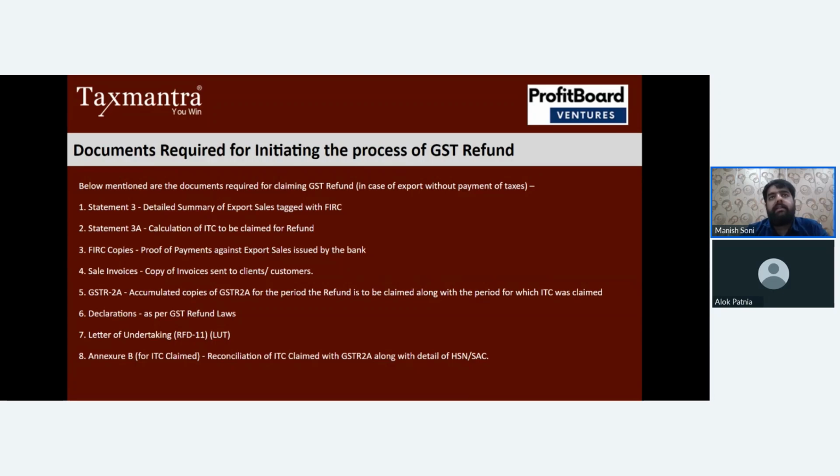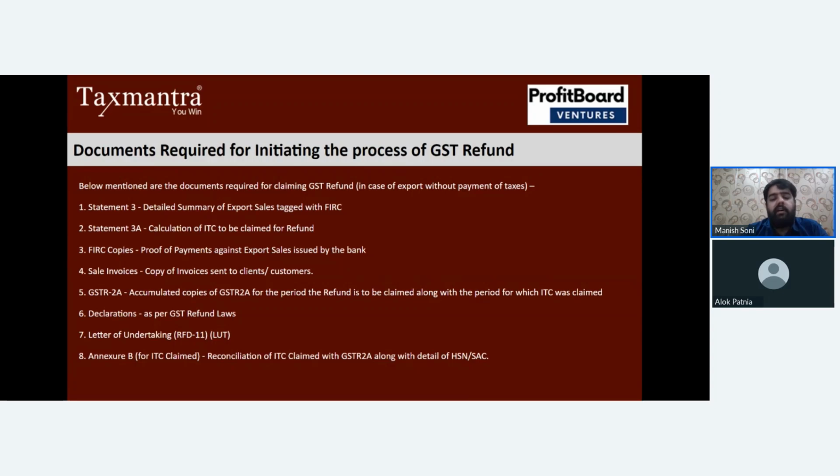In that case, the department has rejected their application, and instead of making the payment to them, they have charged the SSE, stating that you should have been paying the taxes on export, and then you should have gone for the refund, and you have not done it, so you need to pay the taxes. 18% on the service that you have considered for export, the whole amount has to be paid to the department.